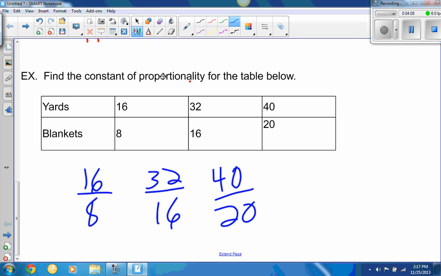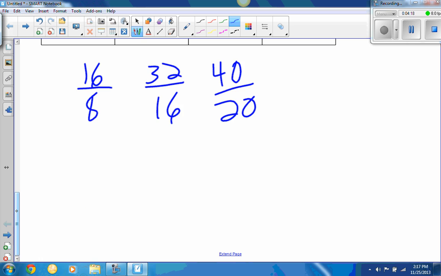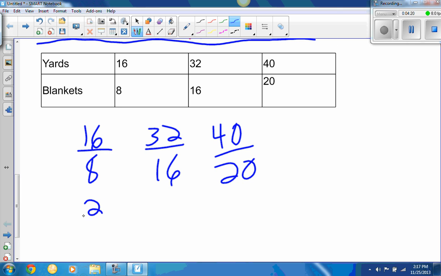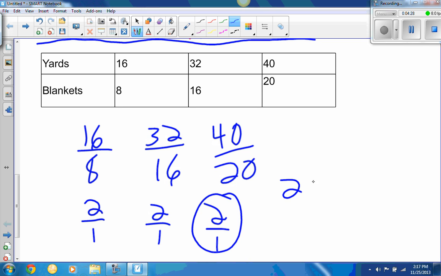They're not asking if it's proportional. They want you to find the actual constant, the ratio that they're using. So if you break these down, if you reduce them, you'd get 2 to 1, 2 to 1, 2 to 1, right? So then your ratio is 2 to 1. You could also say 2 yards per blanket, because that's what that really means, right? 2 yards of fabric per blanket made.